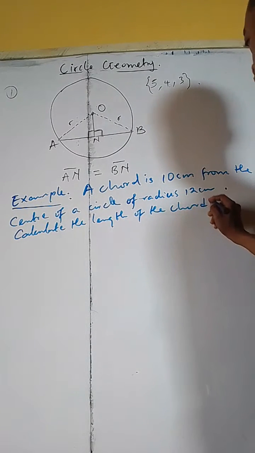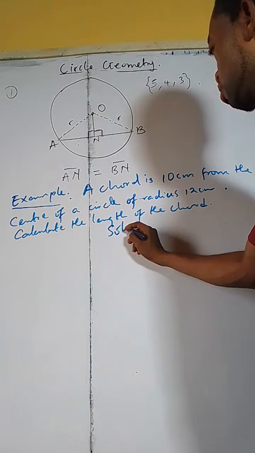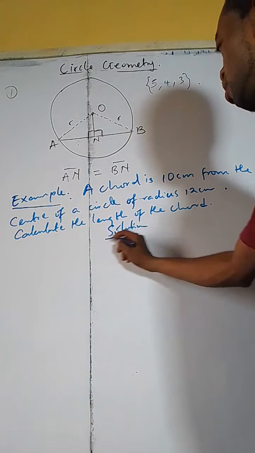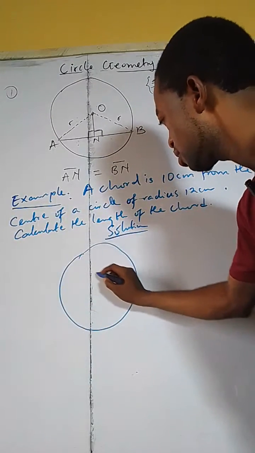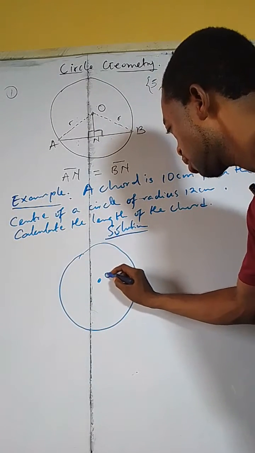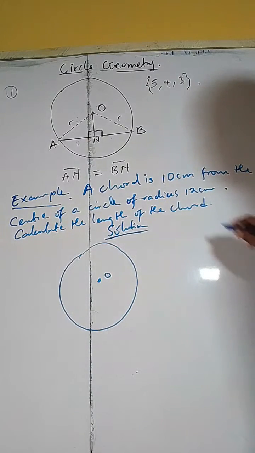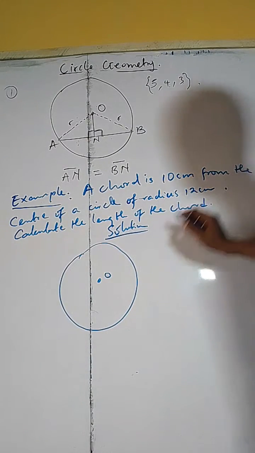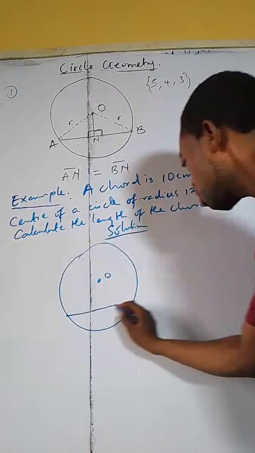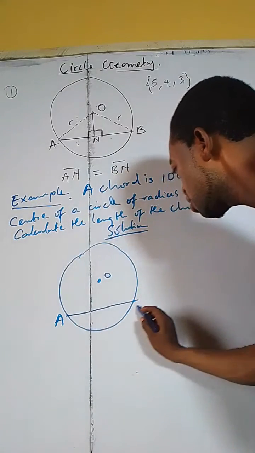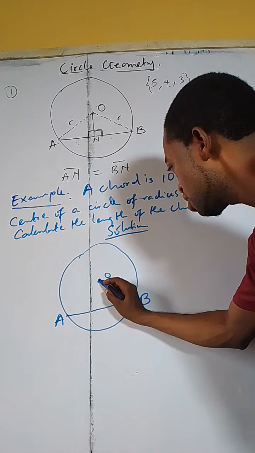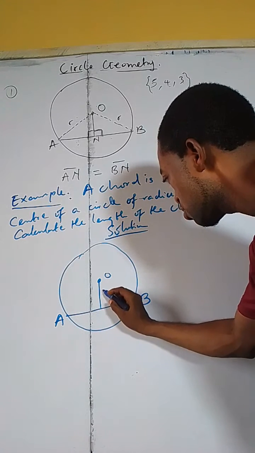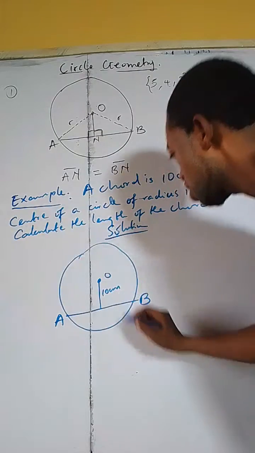Now, when we interpret this question in diagrams, we can have the circle, which has a center. Then we are given a chord. A chord is 10 centimeters from the center. So let's say we have the chord AB. And this chord here is 10 centimeters from the center. So the distance between the center and the chord means we have 10 centimeters.